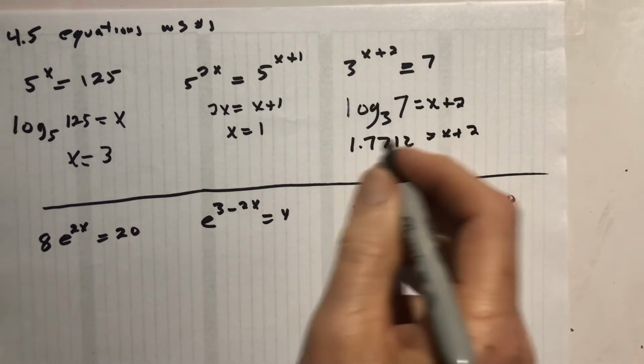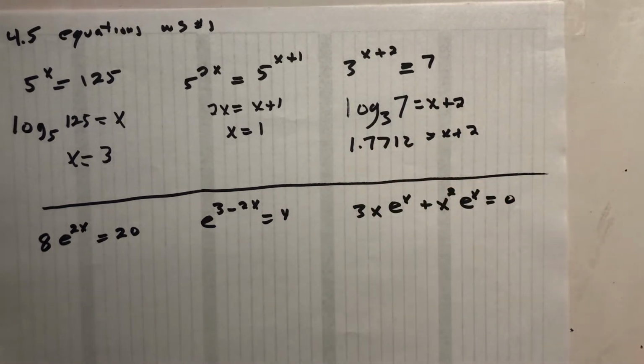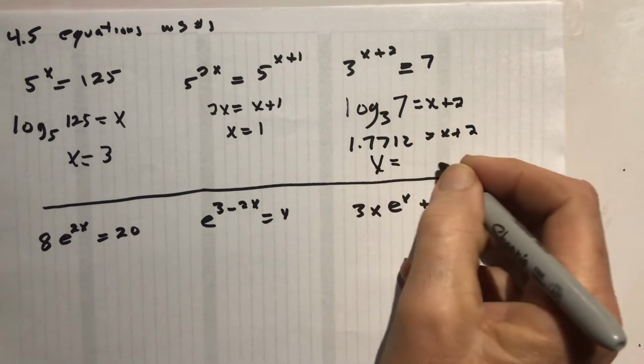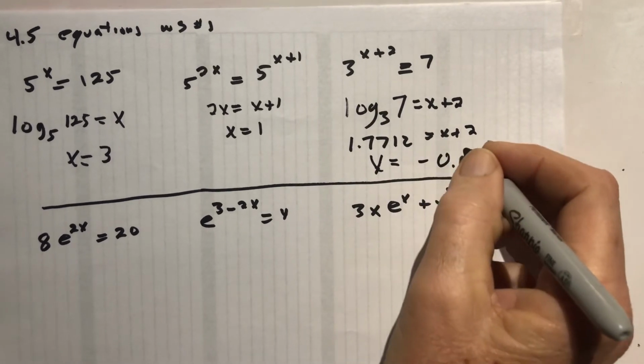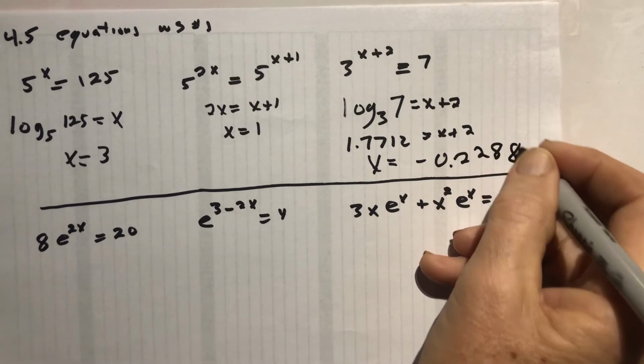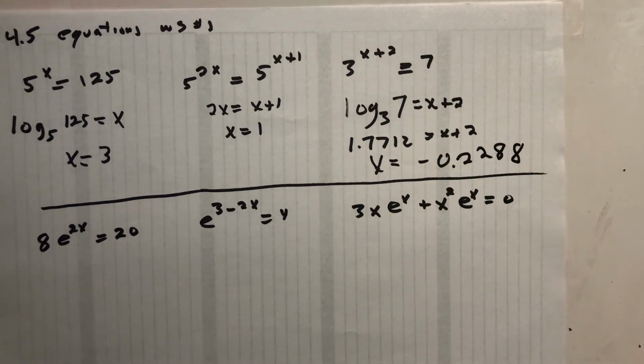So just leave that there and go minus 2, and you'll get the final answer of negative 0.2288. And the decimals go forever. If the directions say 3 places or 4 places, you round off. If they don't tell you, then 2 places is good enough for me. Well, that's the top 3.